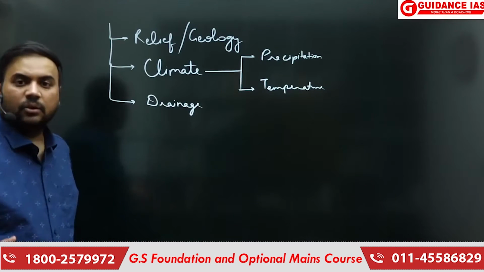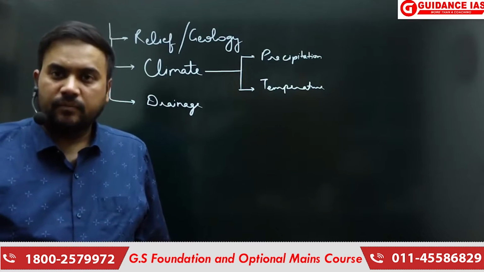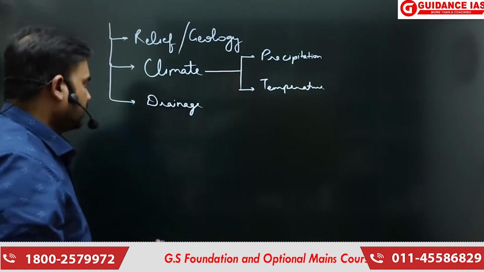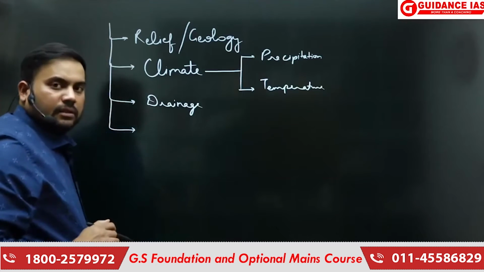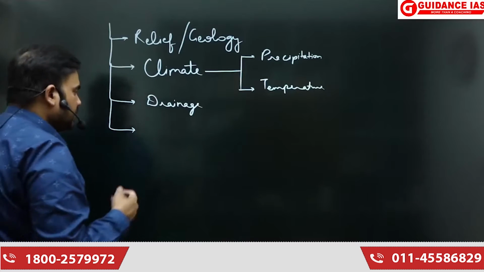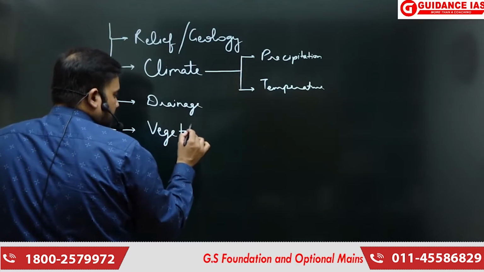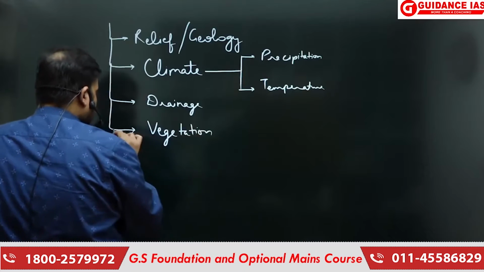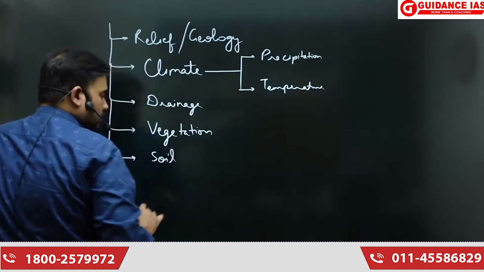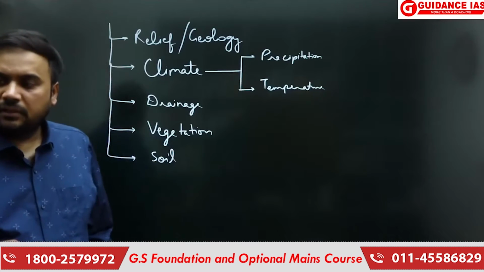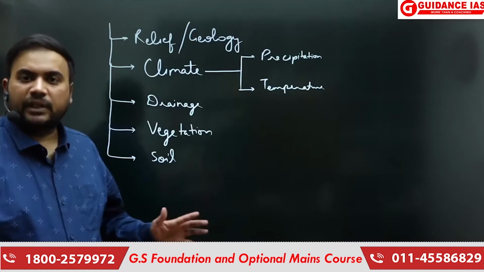For example, I can know which is the main river, the lifeline of the region, okay. So there is information related with drainage, there is information related with vegetation, there is information related with soil, okay. So this is physiographic information.